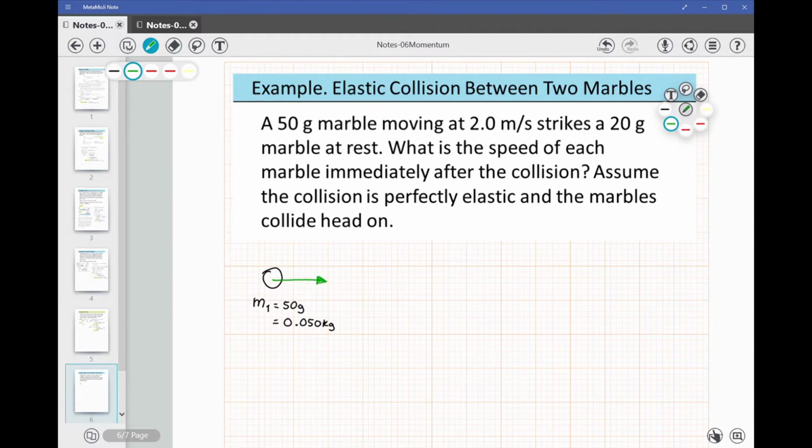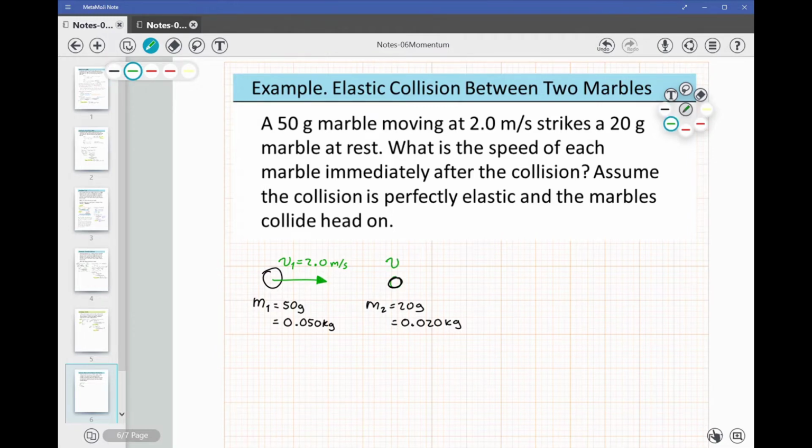We arbitrarily represent the marble moving to the right, so the velocity of marble 1 is 2.0 meters per second, and this marble strikes a second one with mass 20 grams, or in kilograms 0.020 kilograms, which initially is at rest.